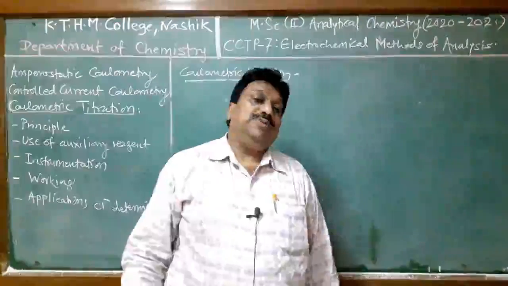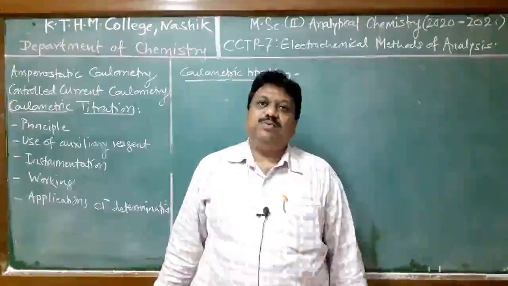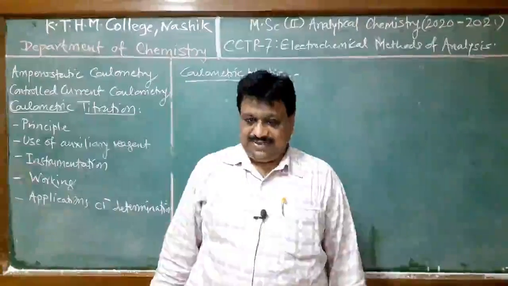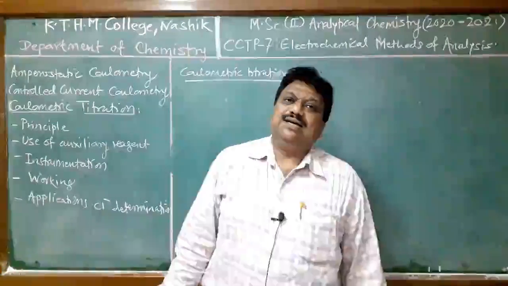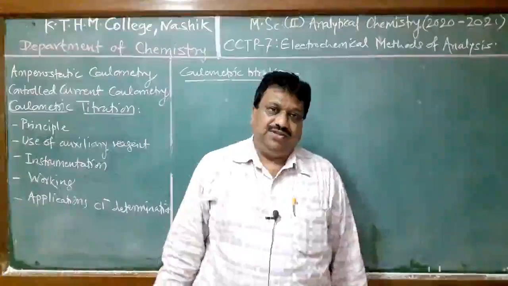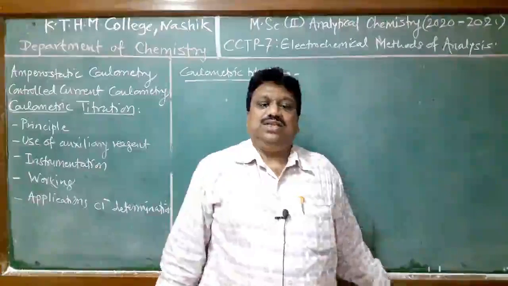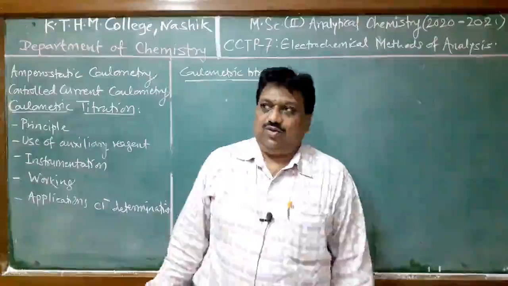There should not be any side reaction. Therefore, all redox reactions should proceed with 100% current efficiency, and if 100% current efficiency is not achieved, then we are unable to analyze that sample with the coulometric method of analysis.